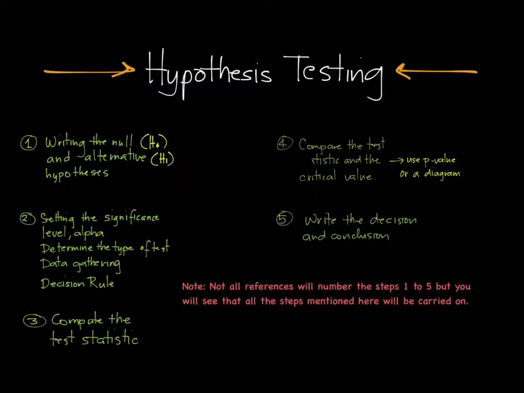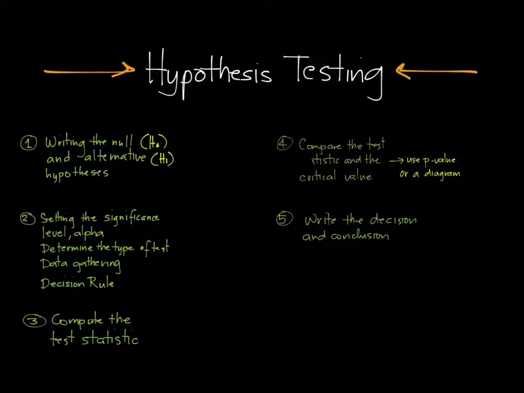Sometimes it is just 1 to 4 or maybe 1 to 6. But the key idea here is that all the steps should be done, all the process must be done, in a certain sequence or in a certain order. So in this video, we will be using the 5 steps of the hypothesis testing in this version. And let's look at the first step.